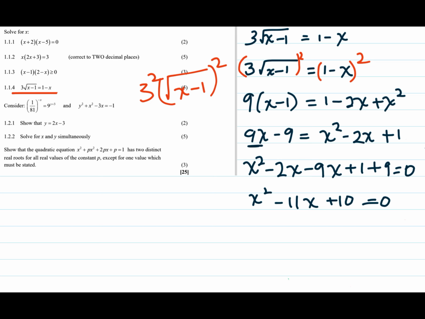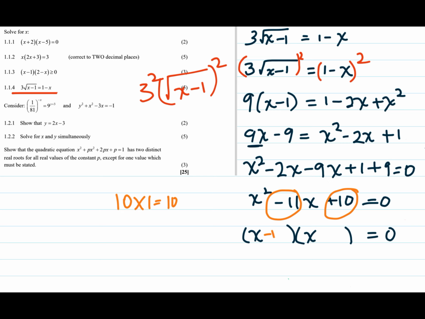Now we see here that we have a quadratic, so let's try and factorize it. We're going to open 2 brackets, put an x in each bracket, and we want factors of 10 that when we add them we get 11. So we know that 10 times 1 is equal to 10, and when we add 10 plus 1, we get 11. We're going to make them both negative because it's negative 11.